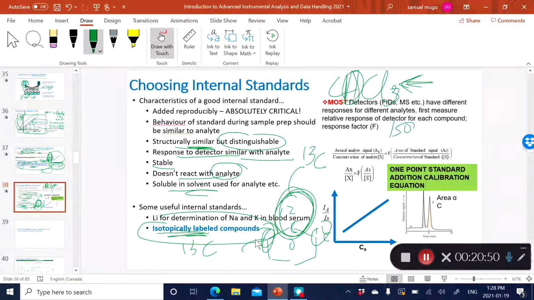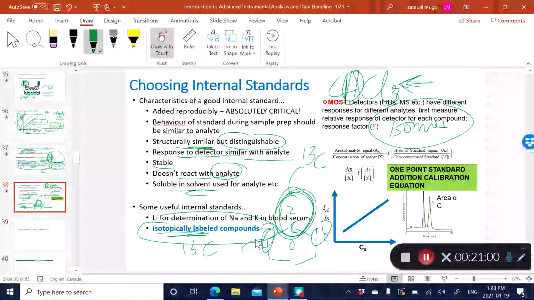You can decide to use a structural isomer, say, of your analyte. That's another acceptable internal standard in the event that you cannot afford or it's not available to buy an isotopically labeled compound as your internal standard. So I hope it's fairly clear.